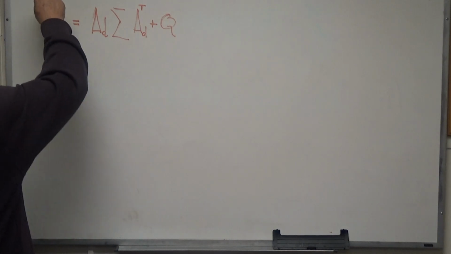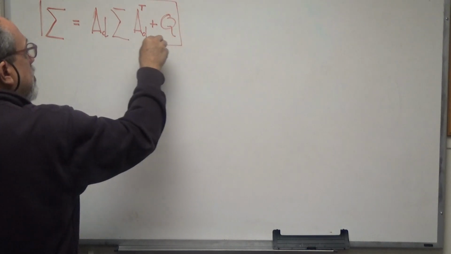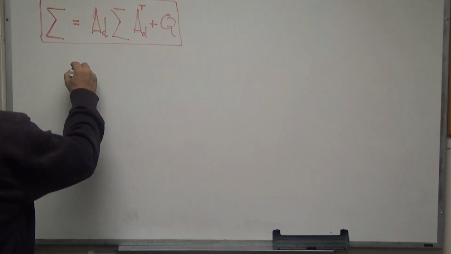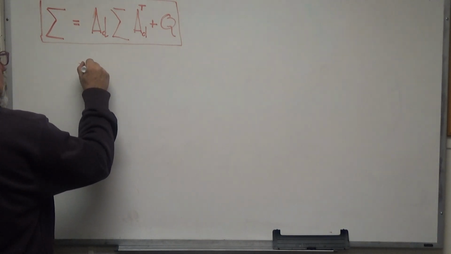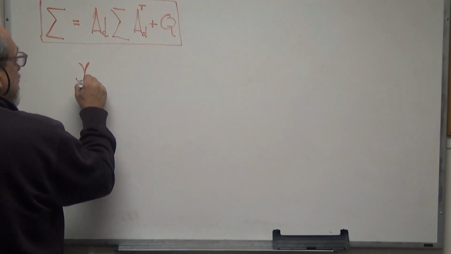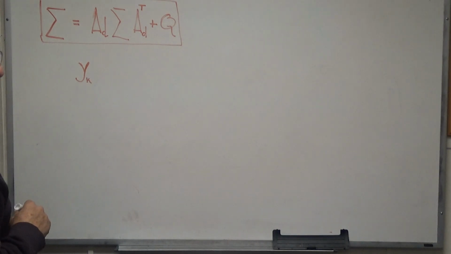Now, the next equation that we will do comes from looking at the output equation. Of course, this is all we could do with the state, right? We got that. Now, before we look at the output equation, well, not before, we want to develop what is y at k plus i.